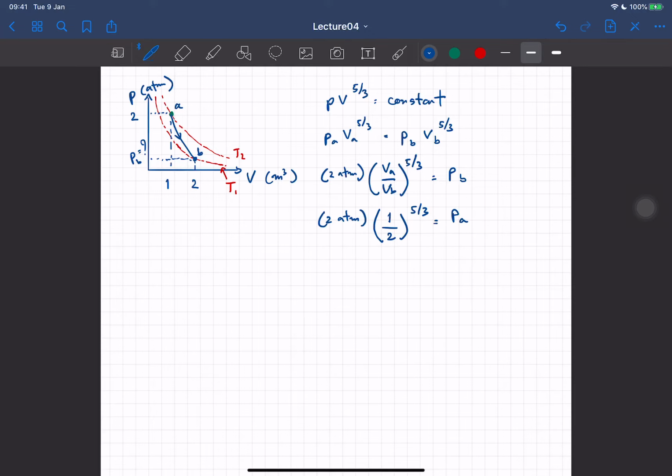The rest is just putting it in the calculator: 0.5 to the 5/3 power multiplied by 2 atm. That's going to be about 0.63 atm.